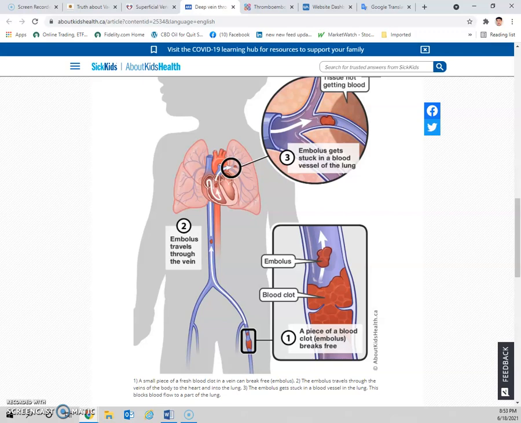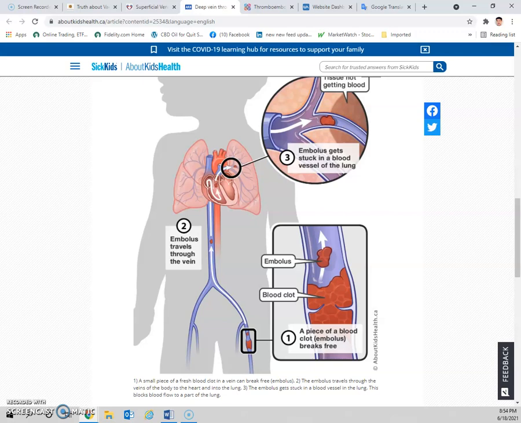Another case is injury to deep veins, which causes platelets to stick to the injured part, and then a clot forms. Another common case is pregnancy. Pregnancy puts a lot of pressure on your body, blood flow is reduced, and blood volume also increases. So in this case, try to do some exercise.